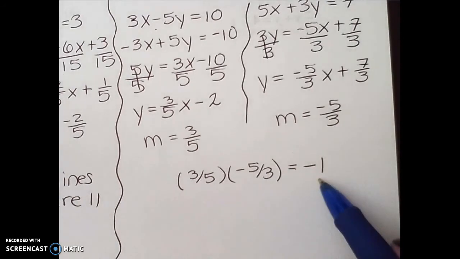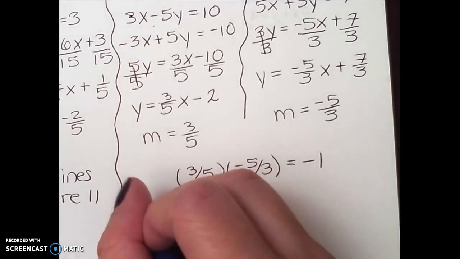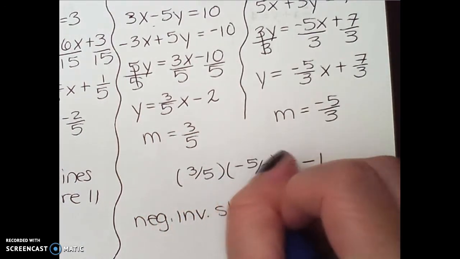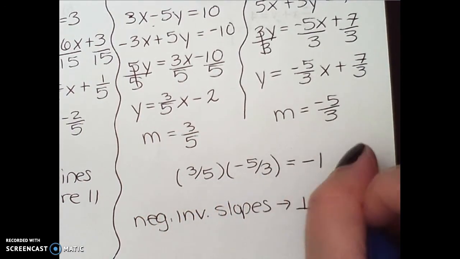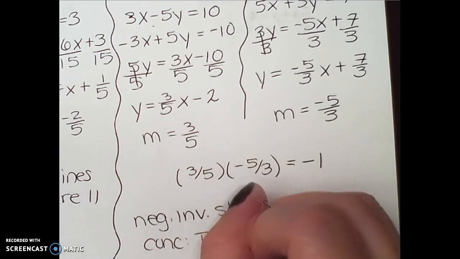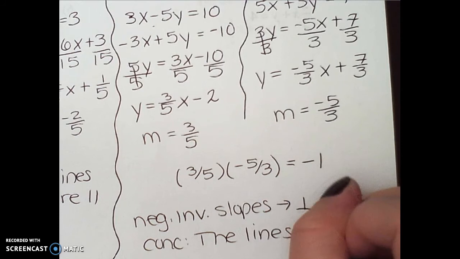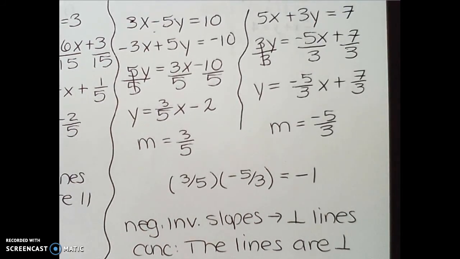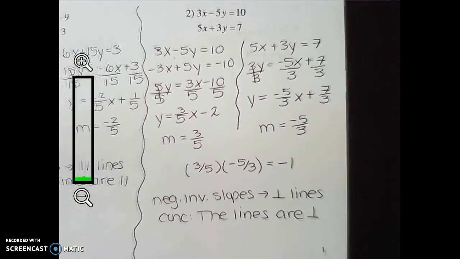Because they multiply to equal negative 1, my slopes are negative inverses. If I have negative inverse slopes, then I have perpendicular lines, and my conclusion, the lines are perpendicular. And there's the second example.